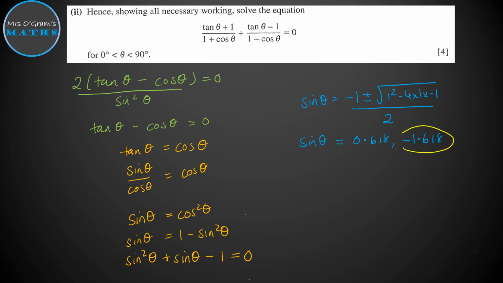And this solution here is not valid, so we will ignore that one and carry on with the other one. It's not valid because it's outside the range: sine theta can't go bigger than 1 or lower than -1. So sine theta must be 0.168. So therefore theta would be 38.17 degrees.